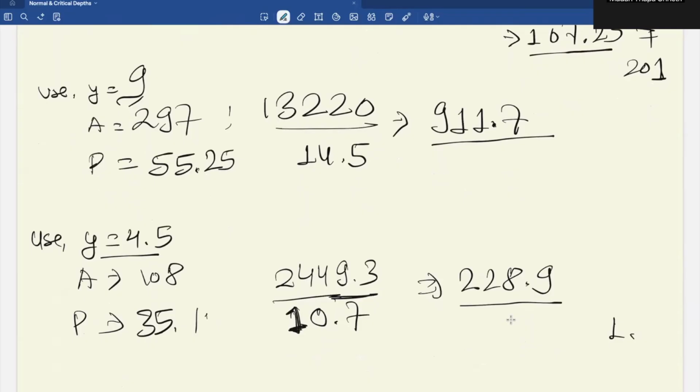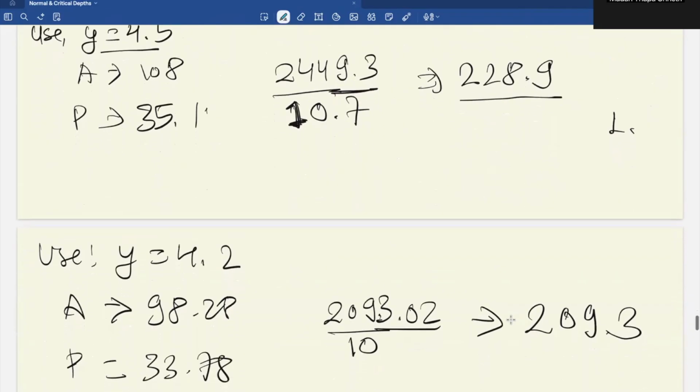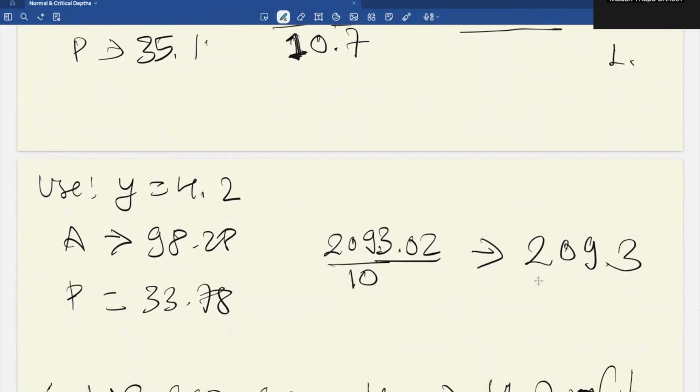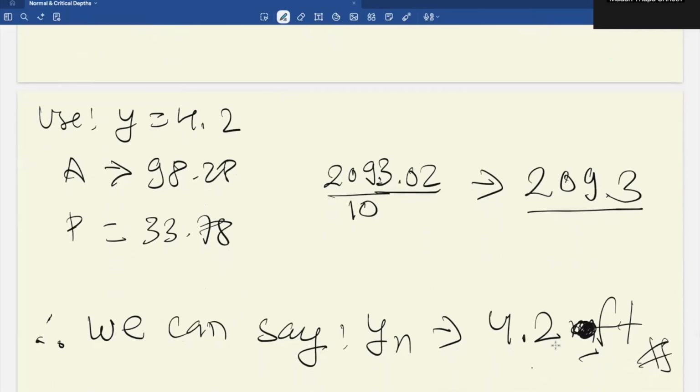Let me go down and use a normal depth of 4.2. That gives us closely 209.3, and we can say the normal depth is 4.2 feet.